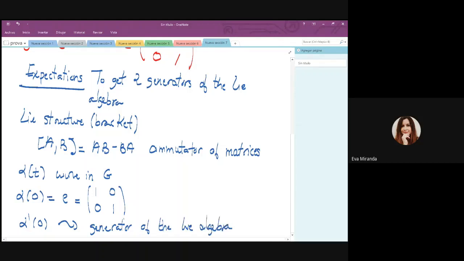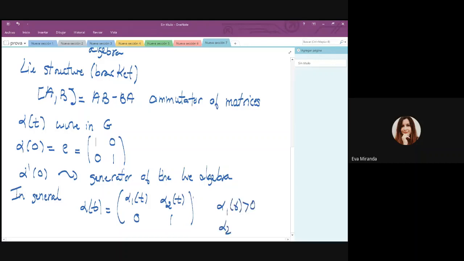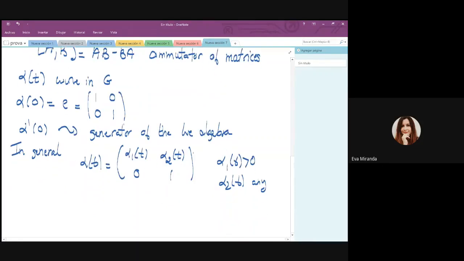I can look at this in general. In general, alpha of t is going to be of the following type: alpha 1 of t, alpha 2 of t, 0, 1, where alpha 1 of t is always positive and alpha 2 of t is any real. Then I also need to impose that alpha of 0 is the identity, which imposes that alpha 1 of 0 is 1 and alpha 2 of 0 is 0.